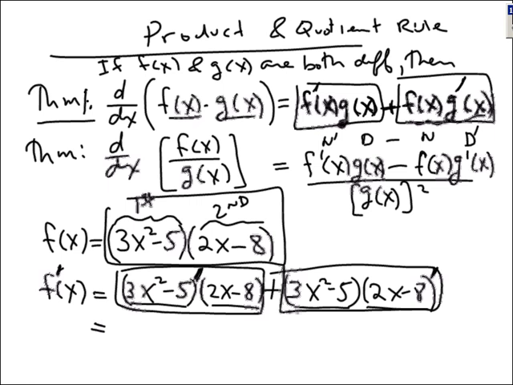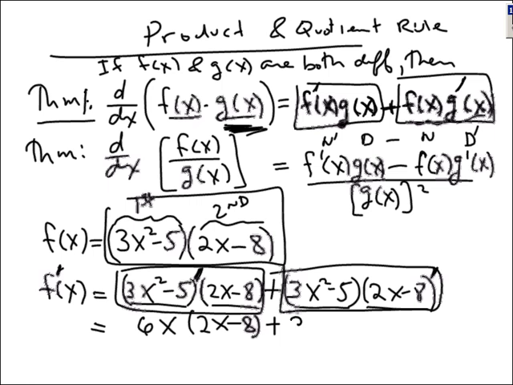So now, what I've done so far was just write down the formula. Now I take the derivative of a polynomial. The derivative of 3x squared minus 5 is 6x, times 2x minus 8. Do not take the derivative. The formula says just write down g of x. Doesn't say the derivative.